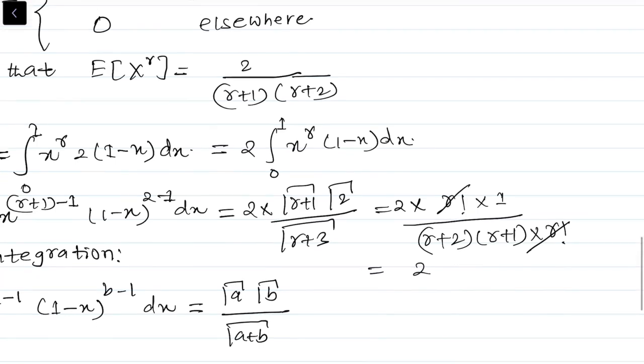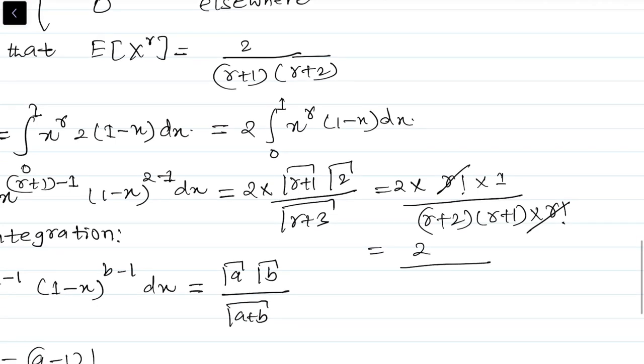So this is 2 divided by (r plus 2) times (r plus 1). So this is our proof. This is done.